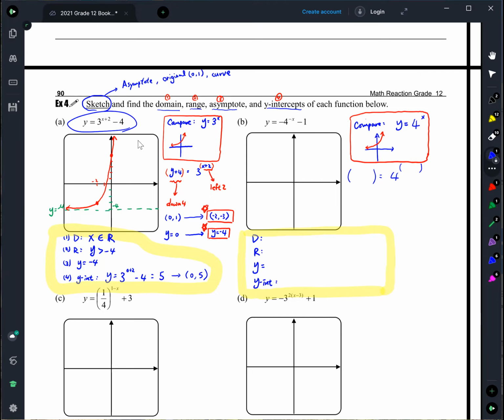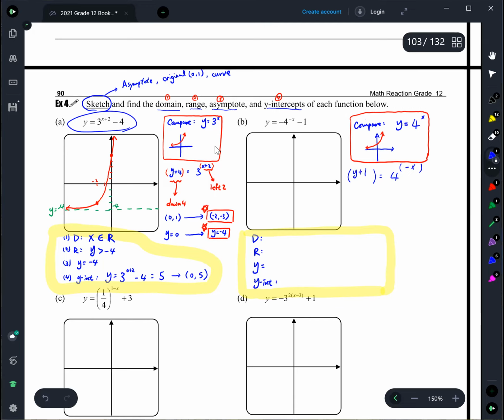After you move, what does it look like on the left side? So would it be negative y minus 1 is equal to 4 to the negative x? Okay, so the x part is okay. If you want to move things to the left, you move the -1 first, so it becomes y plus 1.